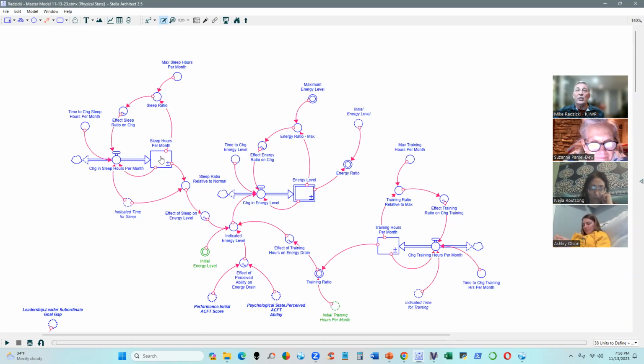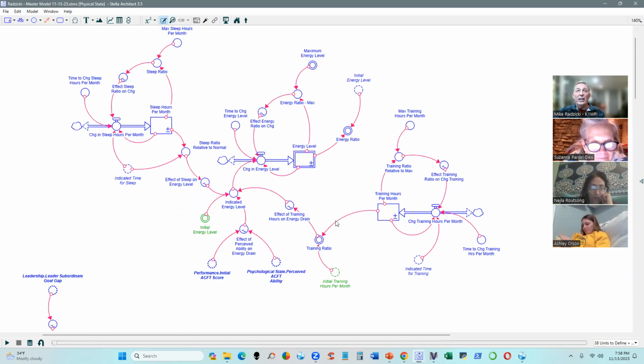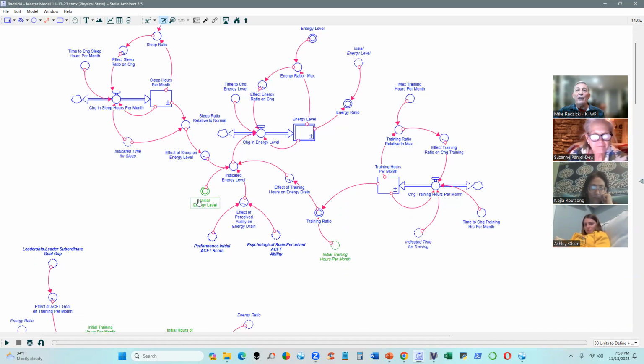Okay, so you can sleep and you can run, and you're going to deplete and restore your energy. Okay, you get off the bus with a particular constitution. You're a very energetic person. You're kind of slow moving, or you're something in the middle.